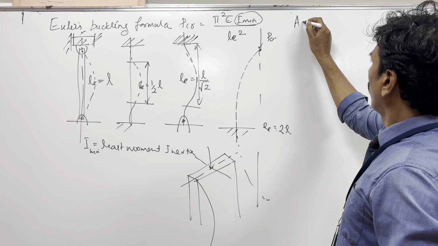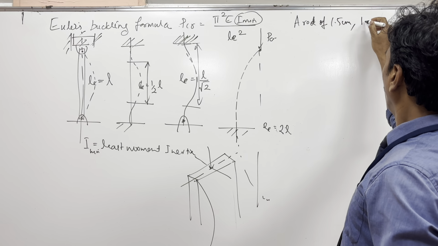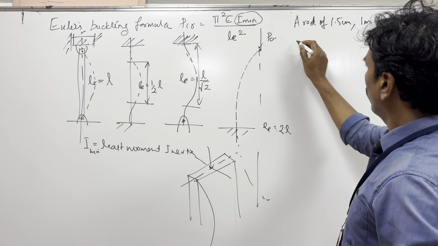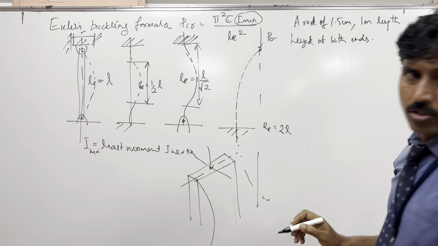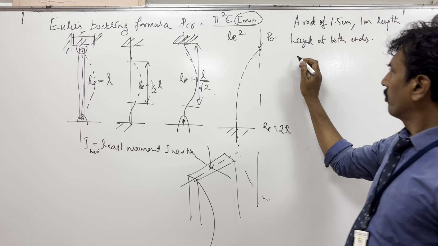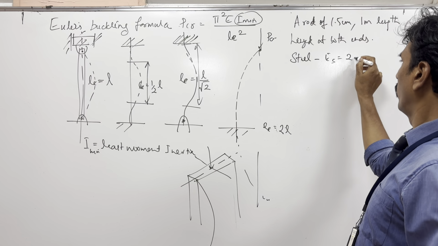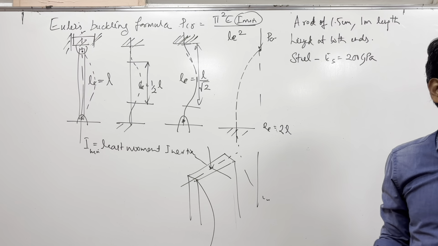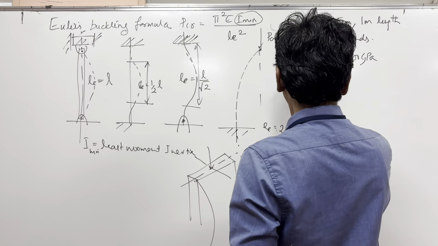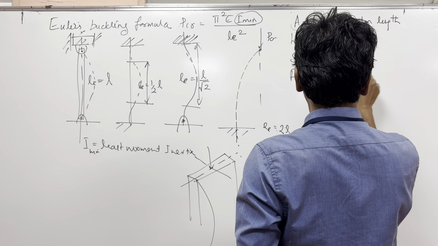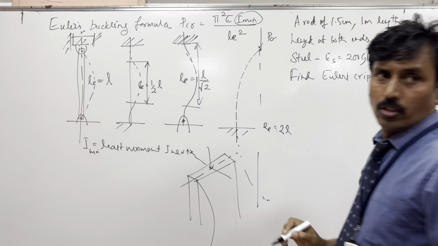A rod of 1.5 centimeter diameter, 1 meter length, hinged at both ends, and this rod is made of steel, which has a Young's modulus of 200 GPa. Find Euler's crippling load.